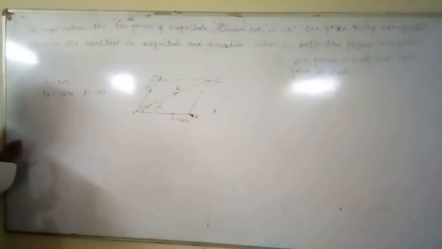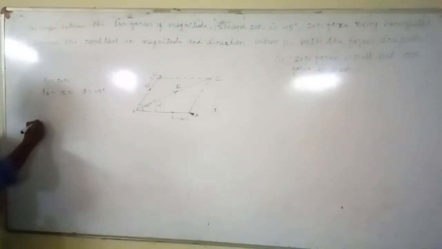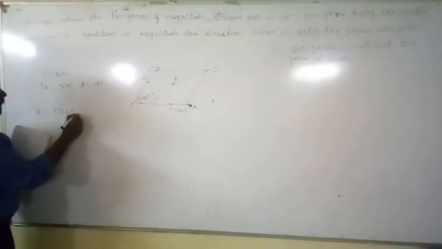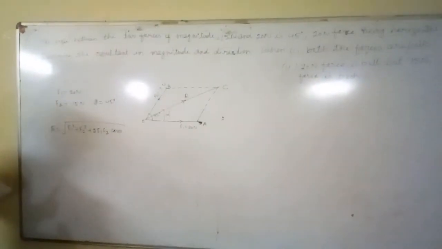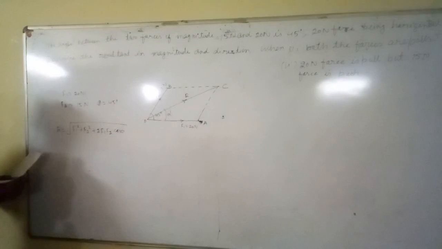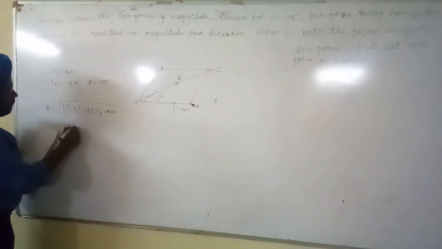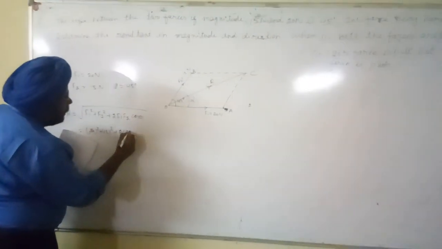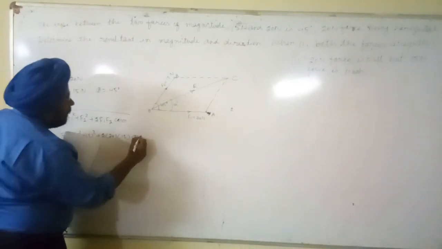So as per the parallelogram law of forces, the resultant force R is equal to square root of F1 square plus F2 square plus 2F1F2 cos theta. Substituting the values, we get 20 square plus 15 square plus 2 into 20 into 15 cos 45 degree.